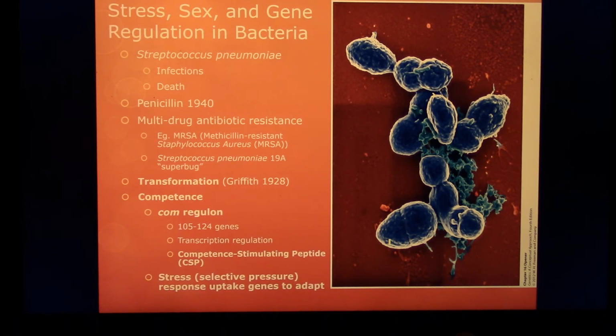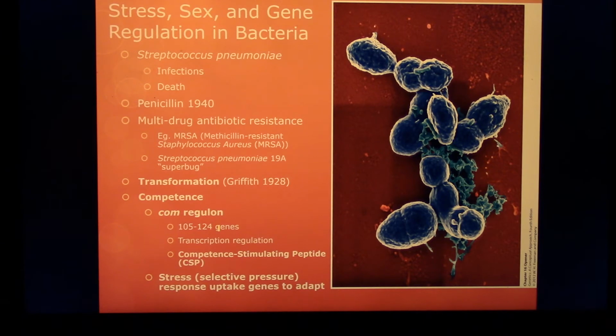And some of those mutations are going to allow them to survive these antibiotic pressures, and they're going to pass these genes on through things like sexduction, the conjugation that we talked about with rolling circle replication earlier in the semester. And then they can turn on these set of genes to allow the uptake of these DNAs out of their environment.